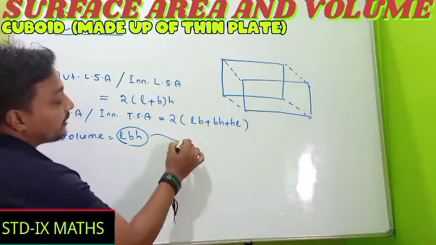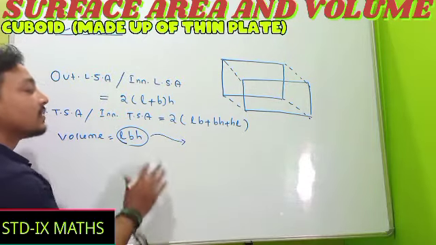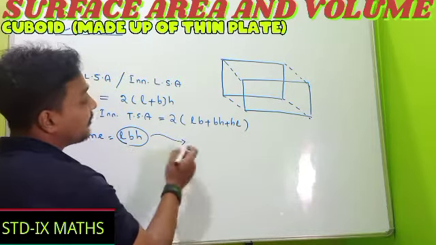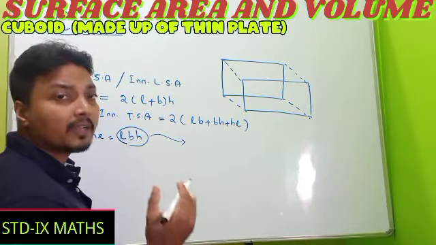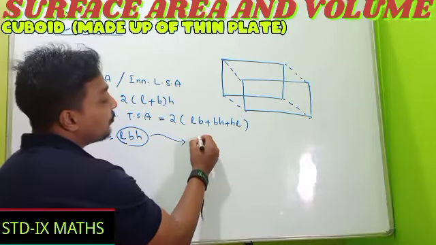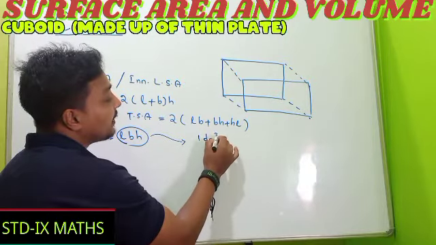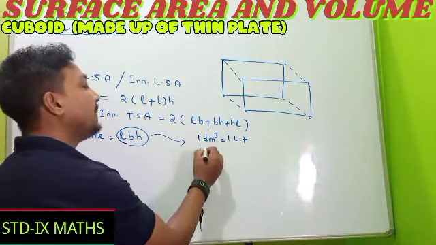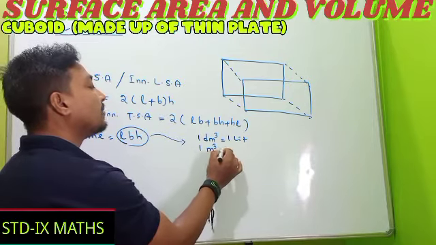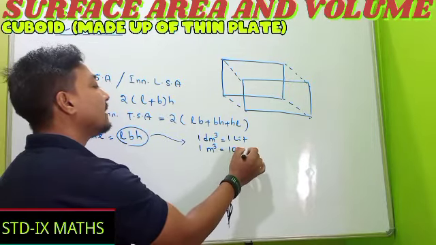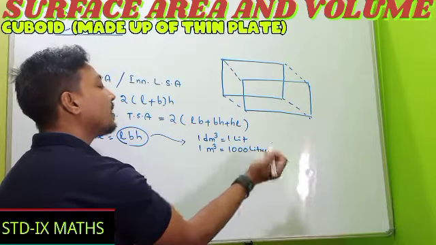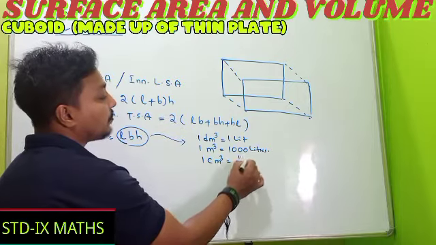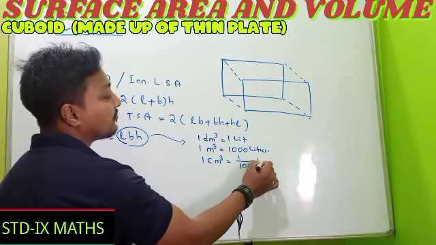Whenever we get the volume, remember the common formula: if the volume is in decimeter cube, then 1 decimeter cube is 1 liter. If it is in meter cube, 1 meter cube is 1000 liters. And if it is in centimeter cube, 1 centimeter cube is 1 by 1000 liter.